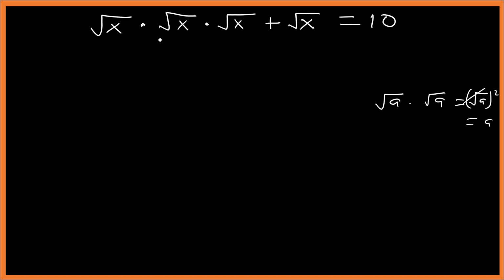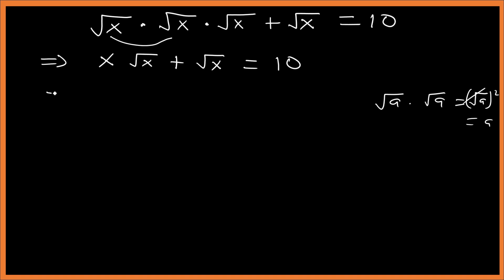So root x times root x will simply be x here. I won't waste time. So we have x times root x plus root x equals 10.